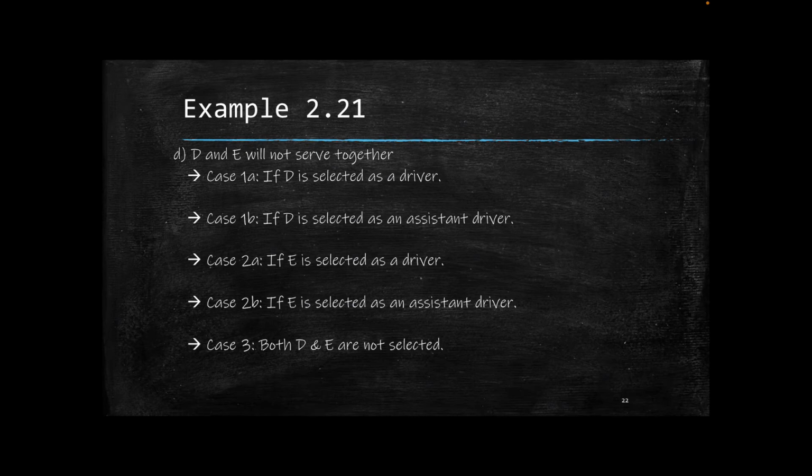The first 1A is if D is selected as a driver, and then 1B, D is selected as an assistant driver, and then E is selected as a driver, and then E is selected as an assistant driver, and the last part is both D and E are not selected.